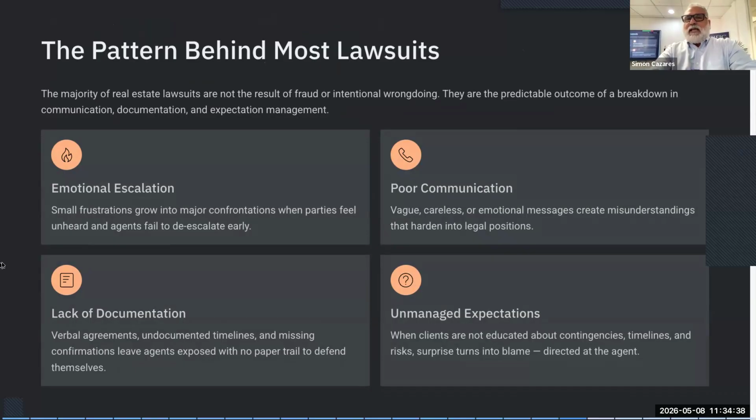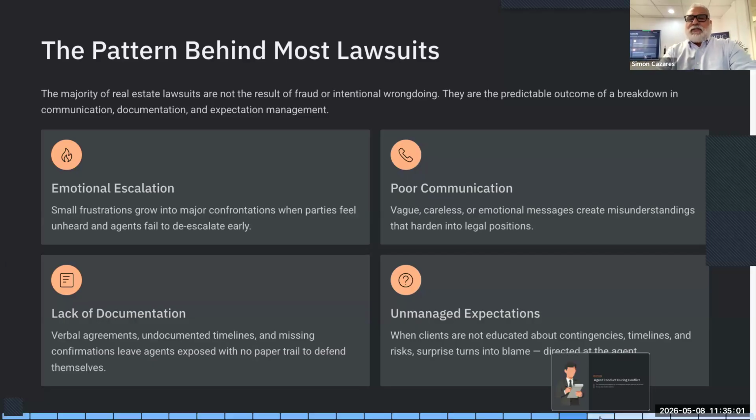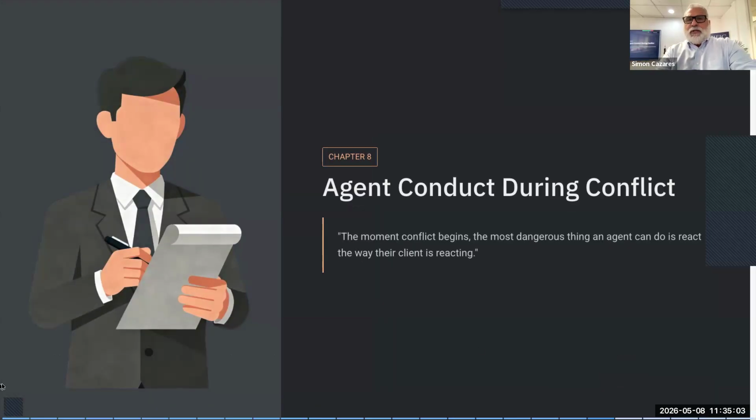So if you can navigate and avoid any of these four items, then I can promise you that your resolution will be a lot easier and faster, and you're not going to be entrenched in a particular mediation or even a lawsuit. So again, be very mindful of your position as you're navigating these very sensitive conversations as well.